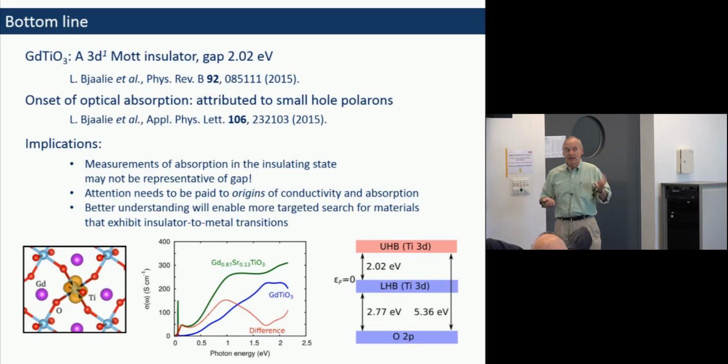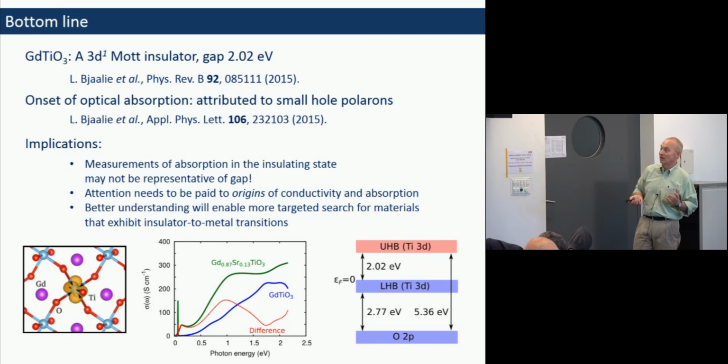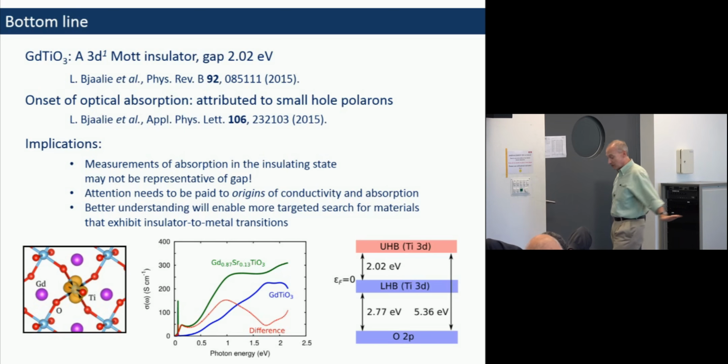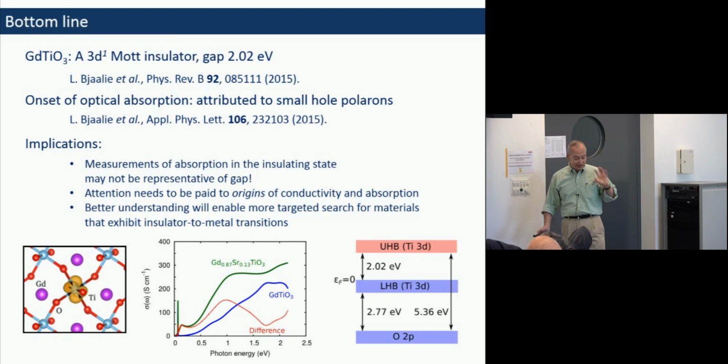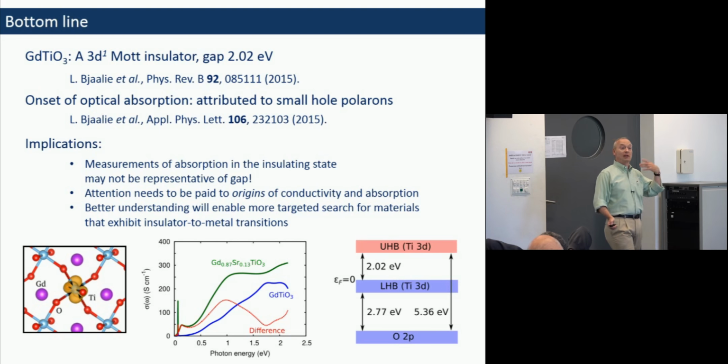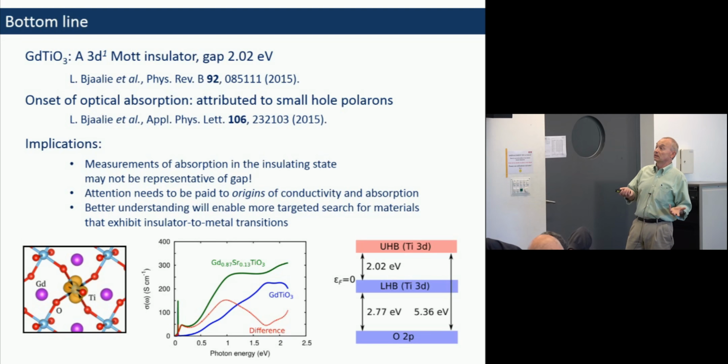You have to be very careful about thinking what it actually is that you're measuring in an experiment. Doesn't mean the experiment is wrong. We never criticize the experimental data. What we have questions about is the interpretation of that data, right? So you need to pay attention to the origin of what you measure, conductivity, absorption, etc.